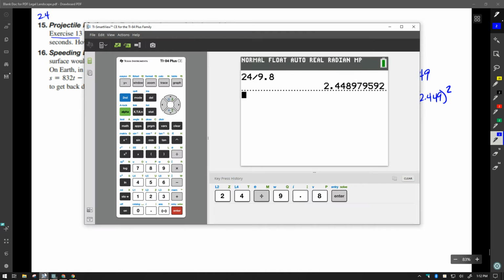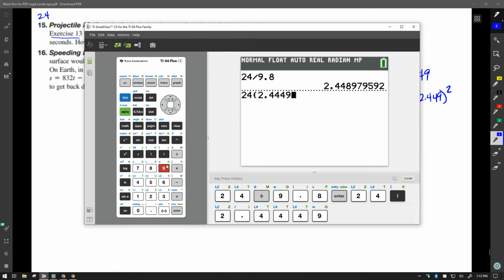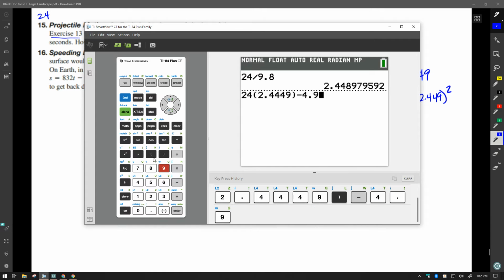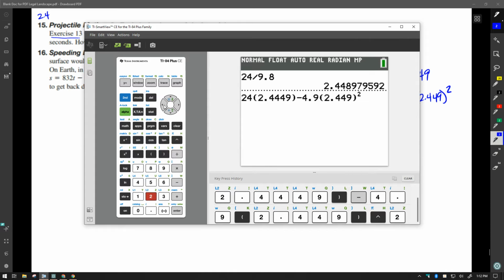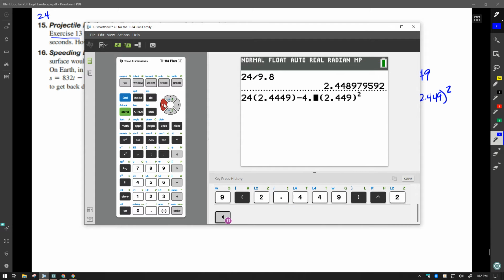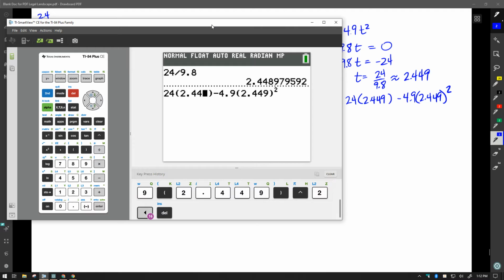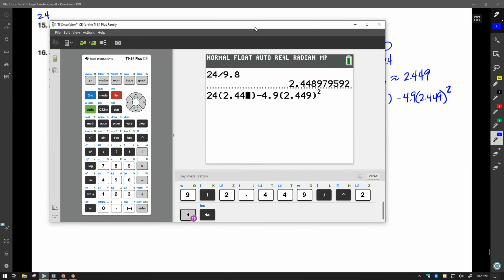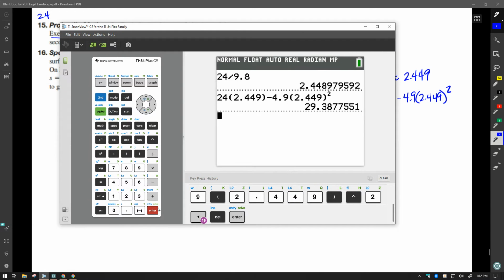So let's let the calculator do that again. 24 times 2.449 and then minus 4.9 times 2.449 quantity squared. And I see now I've got too many 4s, so let's arrow over and delete one of those. So 24 times 2.449 minus 4.9 times 2.449 quantity squared. Let's hit enter on this.